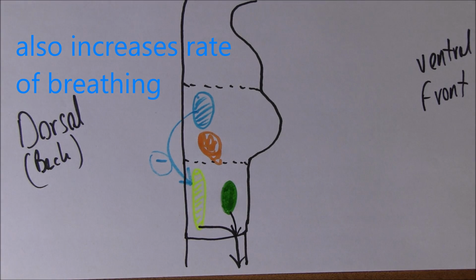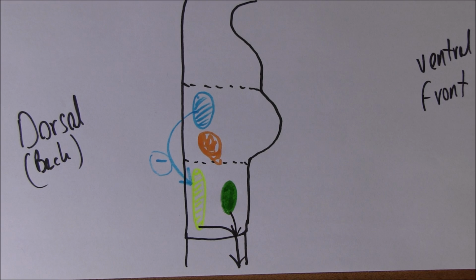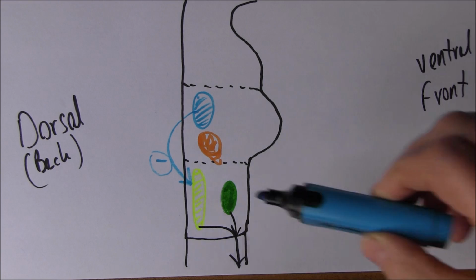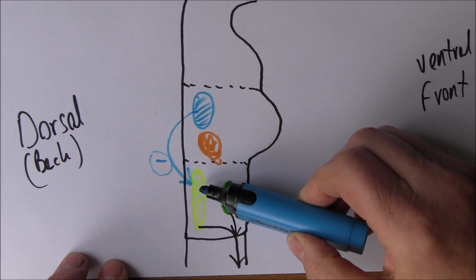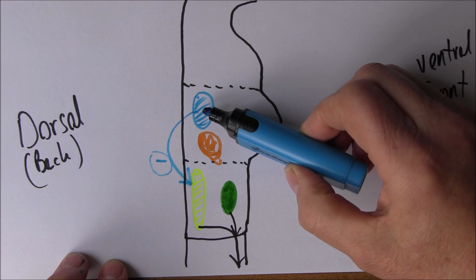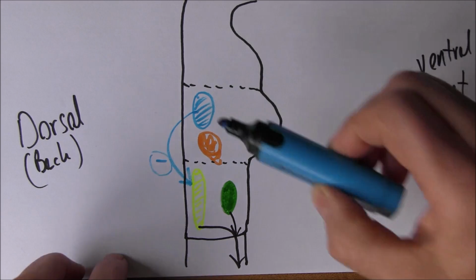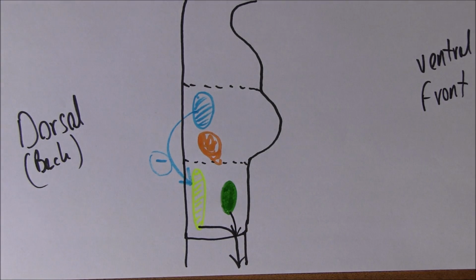So activity from the pneumotaxic centre will smooth out the transition between inhalation and exhalation. It will prevent overinflation of the lungs, and activity from here will also increase the rate of ventilation. So we'll get increased rate of ventilation.